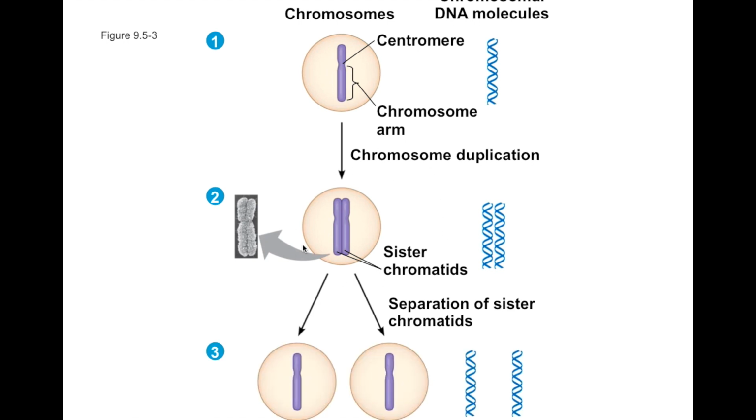And then when I separate them again, these are both considered one chromosome, no longer sister chromatids, and there's only one set of DNA in each of the two cells. So again, this is one chromosome, this is a duplicated chromosome with two sister chromatids, and these are both unduplicated, just regular old-fashioned chromosomes.